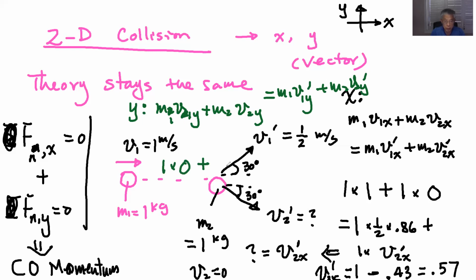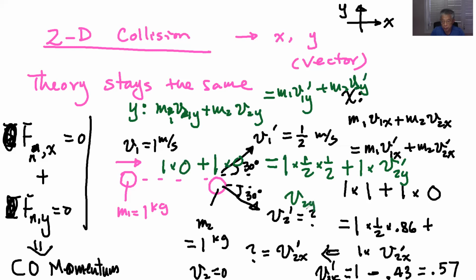Because it's only in the x direction. m2 is 1 and v2y is also 0 because v2 is 0, which is equal to m1, 1, times v1y prime, right? So v1y prime is going to be 1/2 times sine 30, right? So sine 30 is 1/2. So times 1/2, and then plus m2, which is 1, times v2y prime. Okay? So that's what we got. We can now solve for v2y prime.